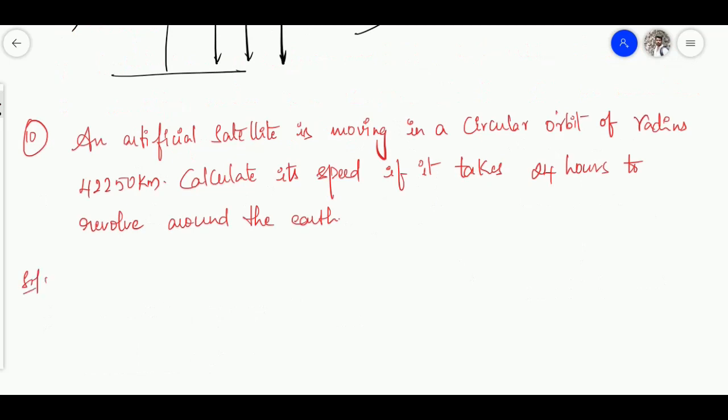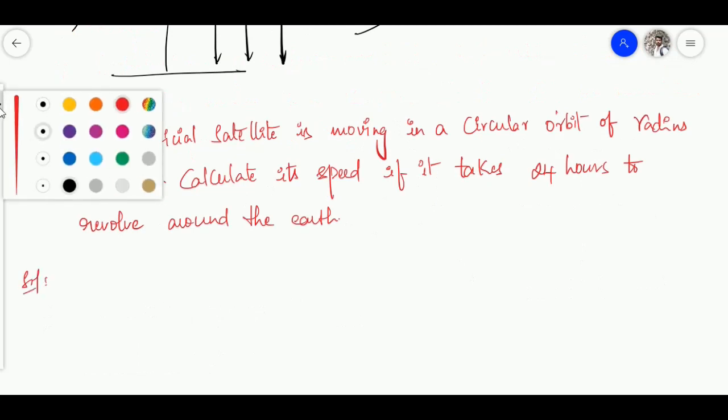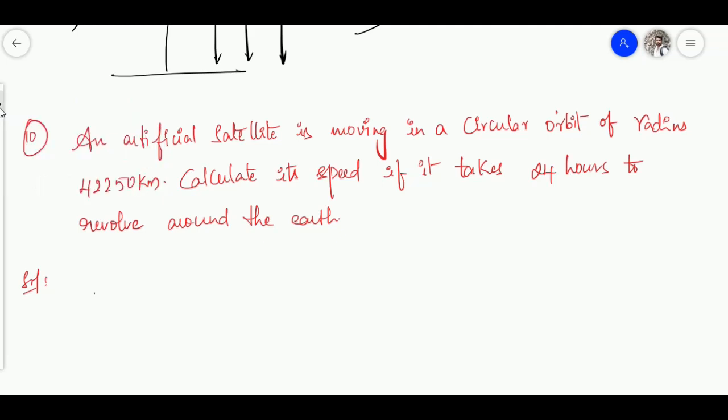So let's read the 10th question. An artificial satellite is moving in a circular orbit of radius 42250 kilometers. Calculate its speed if it takes 24 hours to revolve around the Earth. Let's say this is the Earth, and this is the satellite, and it will move around the Earth.